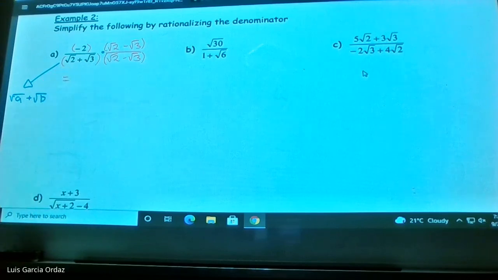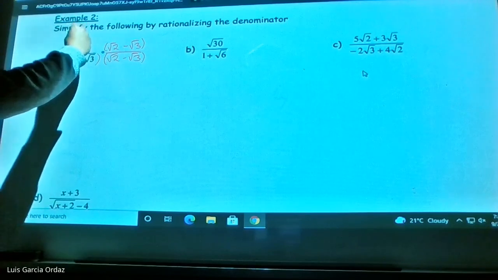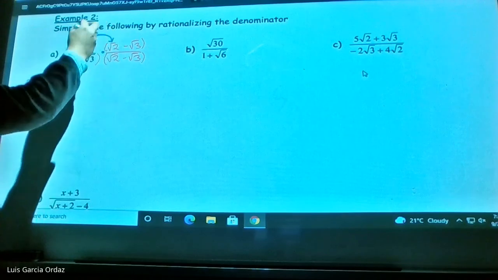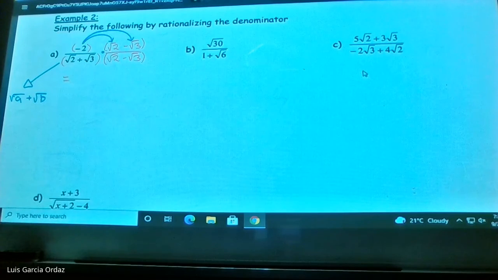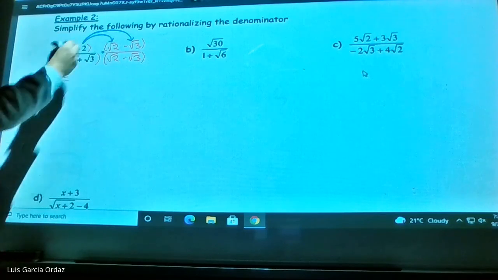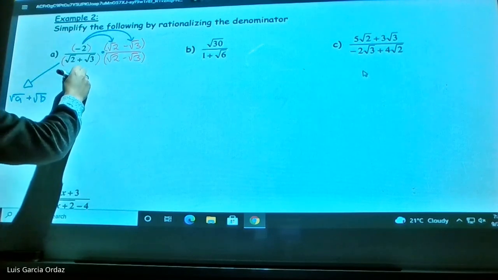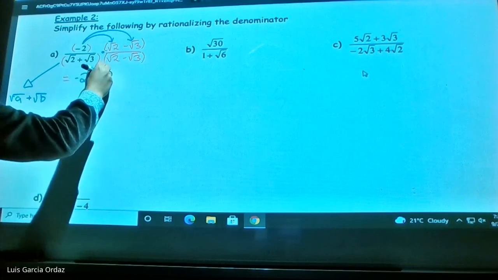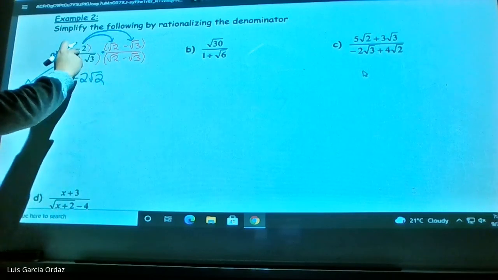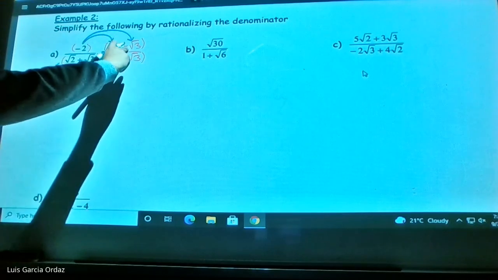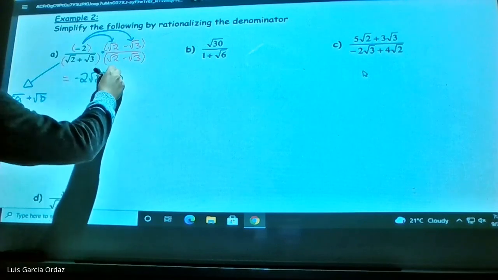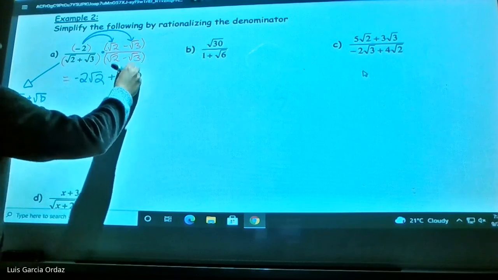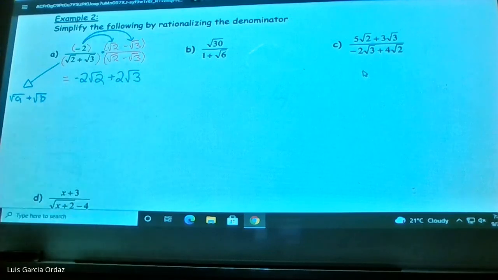Negative 2 multiplies to root 2, and negative 2 also multiplies to root 3. So we get negative 2 times root 2, which is negative 2 root 2, and negative 2 times negative root 3, which gives us positive 2 root 3, because two negatives multiplied together give a positive.